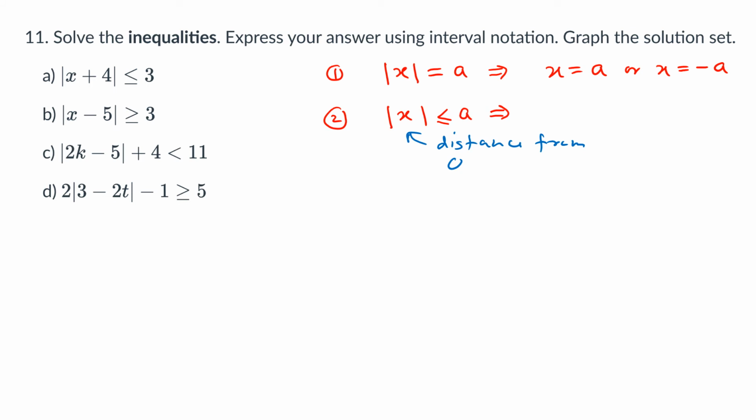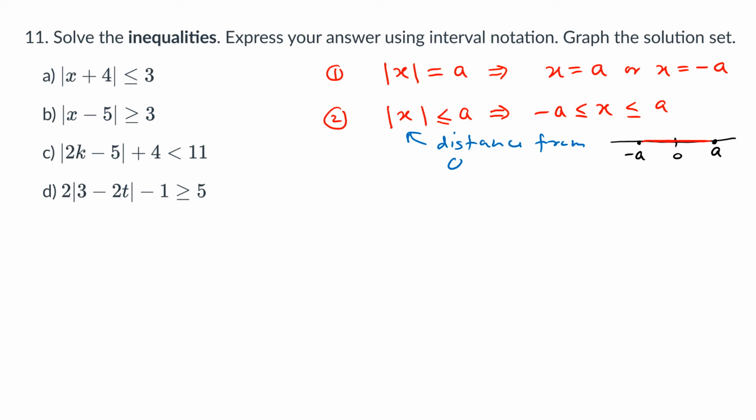If the distance is less than a, it clearly says that x has to be in between the two numbers a and negative a. Because if we draw the number line, it's very clear. This is 0, this is a, and this is negative a. If the distance from the origin has to be less than a, the numbers have to be in between those two values. It's very clear with the distance, so that's why it has to be in between.